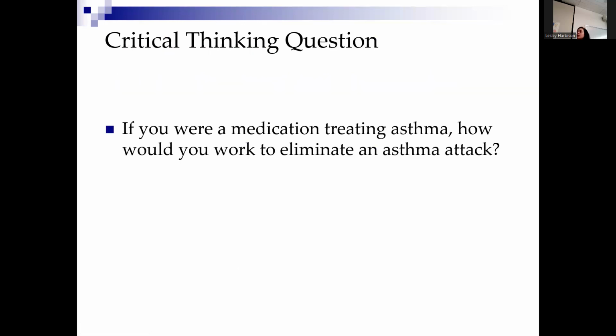If you were a medication treating asthma, we've kind of already talked about this, how would you work to eliminate the asthma attack? Did someone say inflammation? Steroids, yes, anti-inflammation.